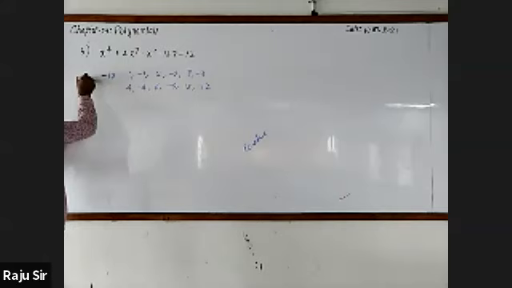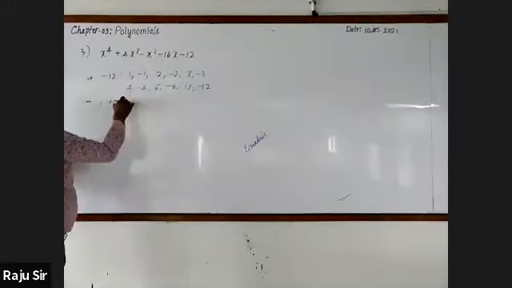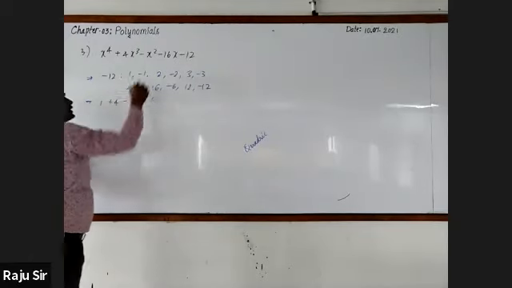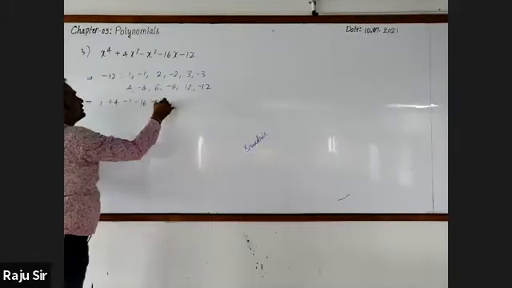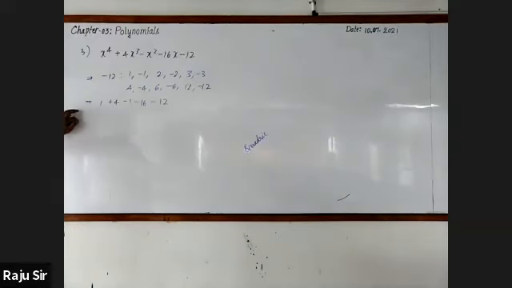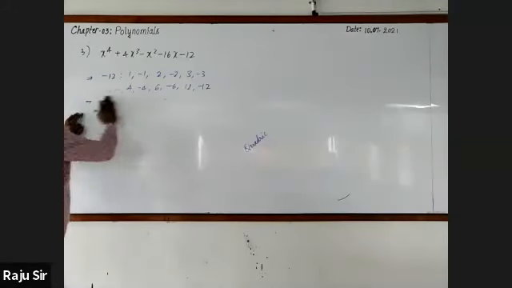Put x equal to 1. 1 raised to the power 4 is 1, plus 4, minus 1, minus 16, minus 12. Does it come zero? No, it will not come. Hence we can go for minus 1.